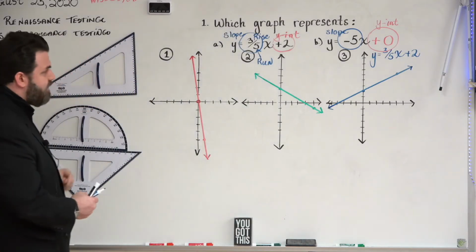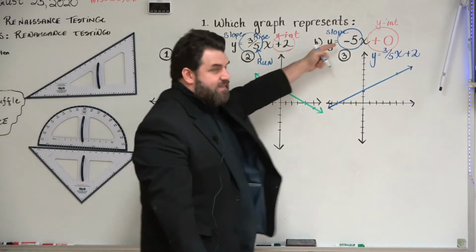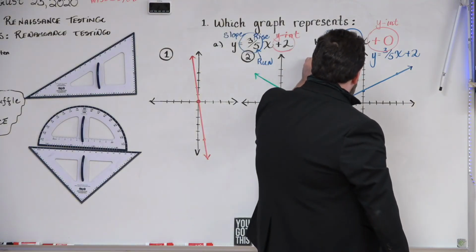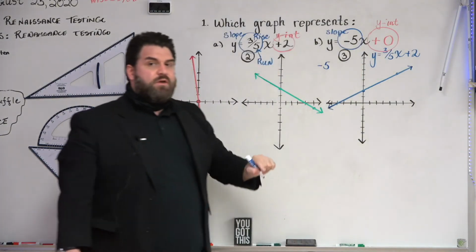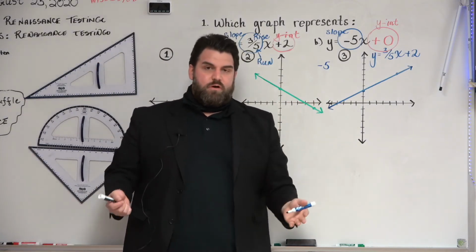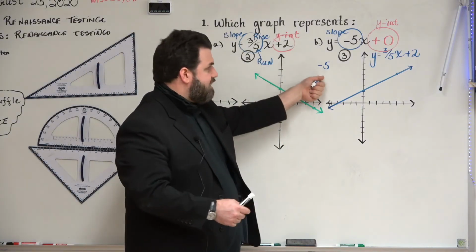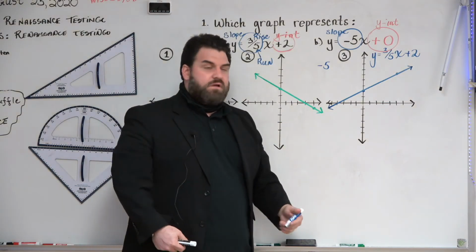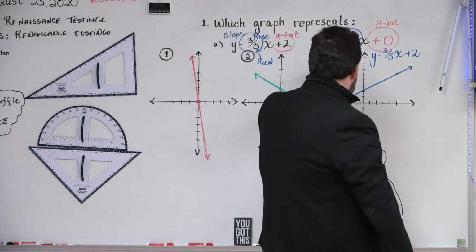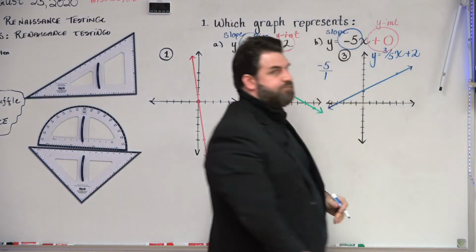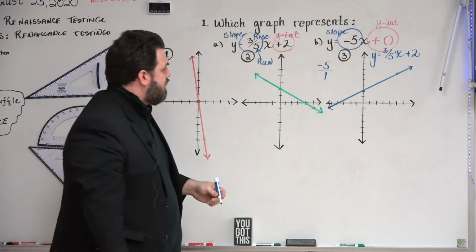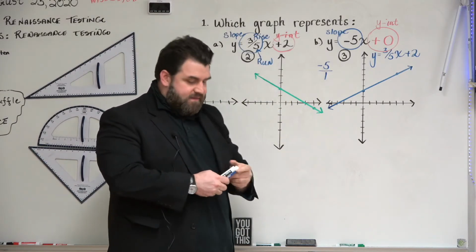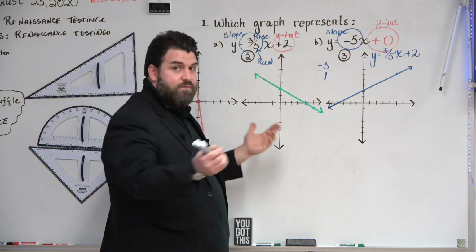Okay, but let's find that third reason. Let's actually look at the slope. The slope was negative 5. Now, whenever you have a whole number slope, like negative 5, you need to write that number over 1. And the top number is the rise, or in this case, the fall.